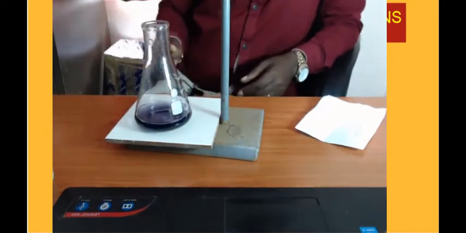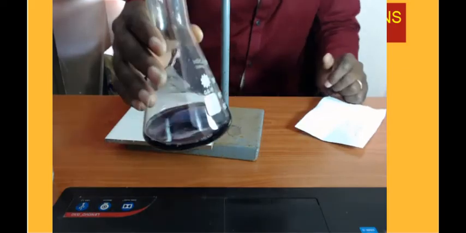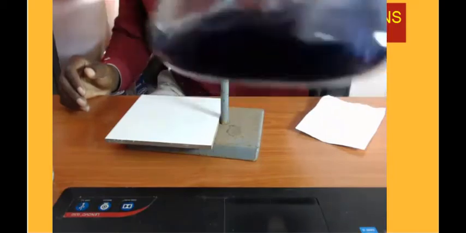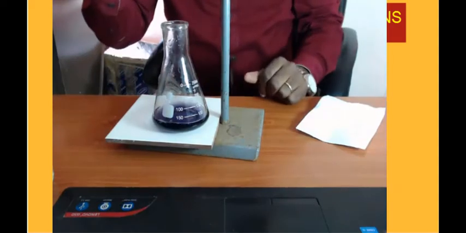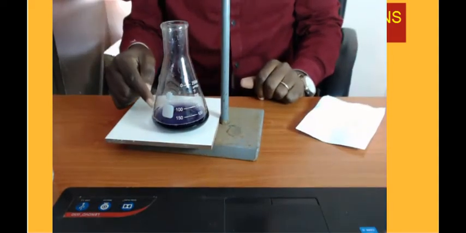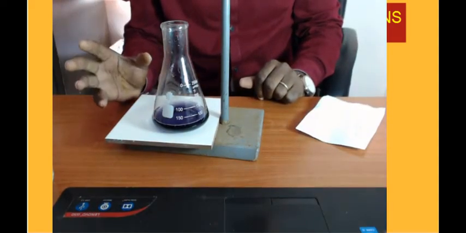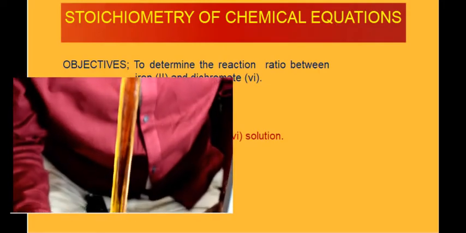So we have reacted the dichromate 6 with iron 2, and we have reached the end point. Therefore, the reaction is over. And now we should check the burette. The volume on the burette is exactly on the lower meniscus.